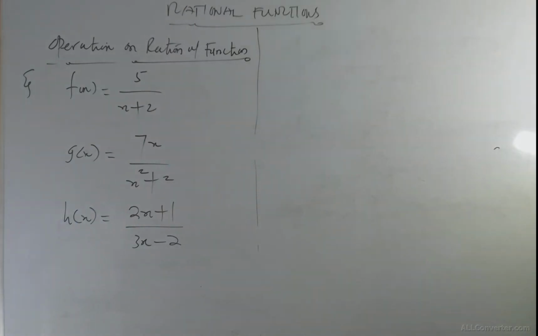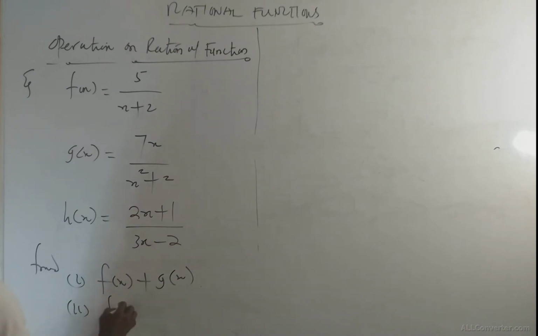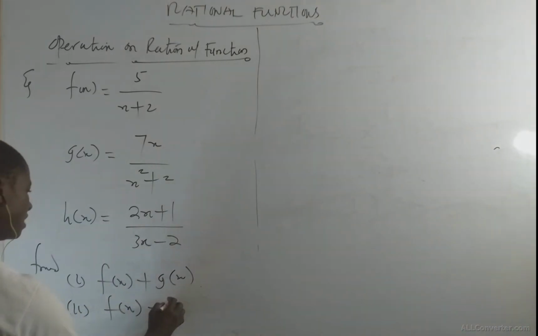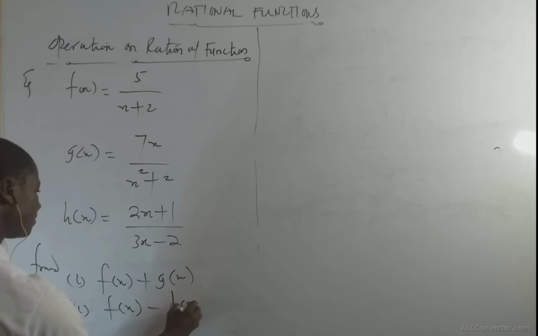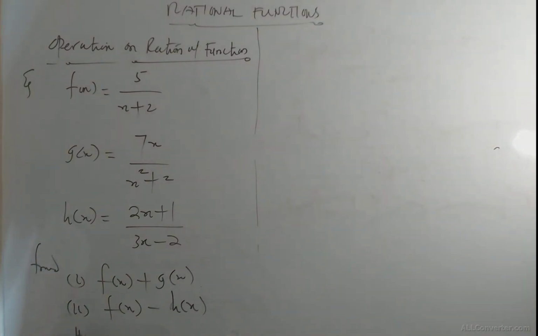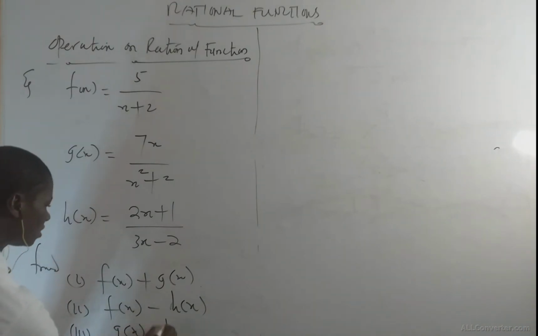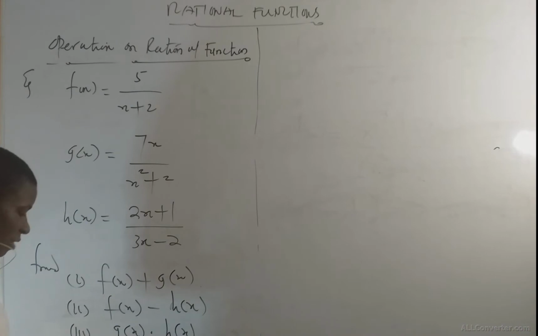Now, assuming that we are asked to find I, f of x plus g of x, II, f of x minus h of x, and we are also asked to find III, g of x dot h of x. That means we are talking about multiplication.